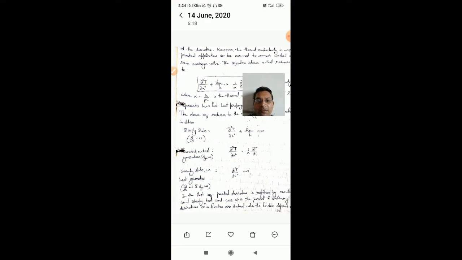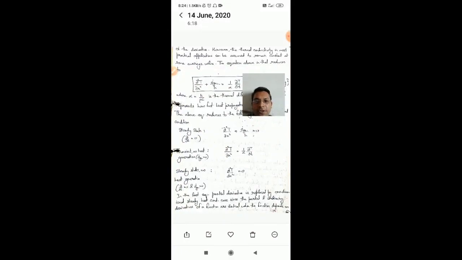That's why I have changed del square T by dx square to this format.